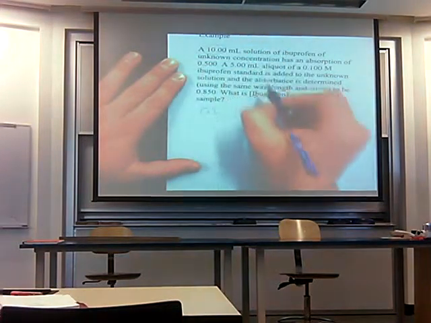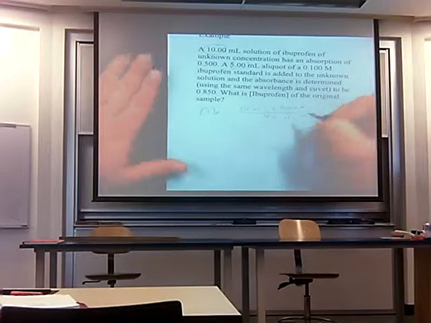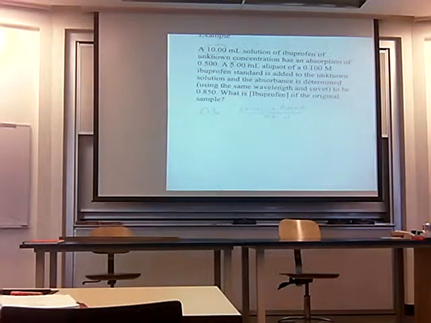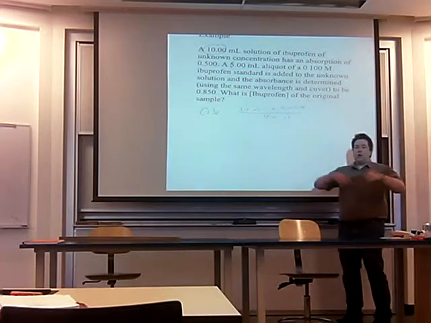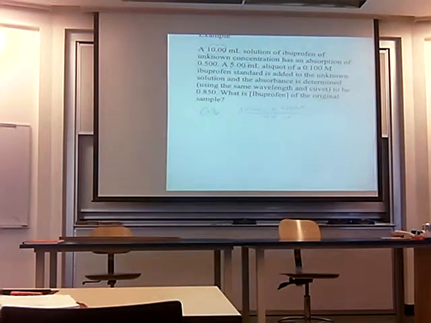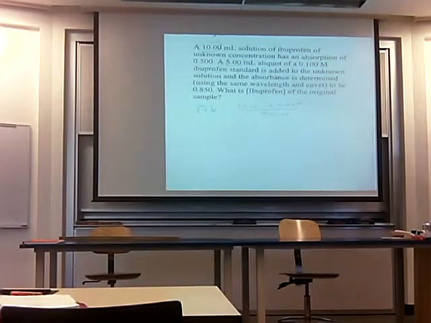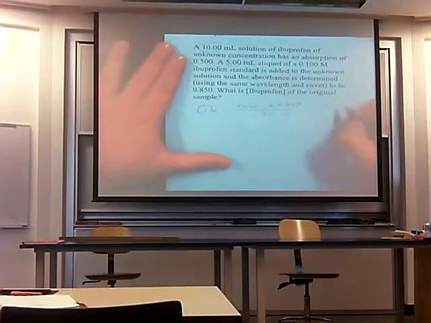We started with 10 mL, we've added 5 mL. The standard had a concentration of 0.1 molar. But once we've added it to our unknown, it's in a final volume of 15 mL. Or in other words, the concentration of ibuprofen that we've actually added at this point, including the dilution effect, is 0.033 molar.